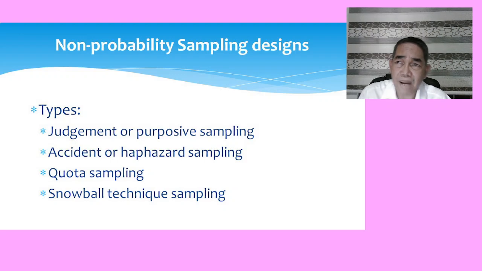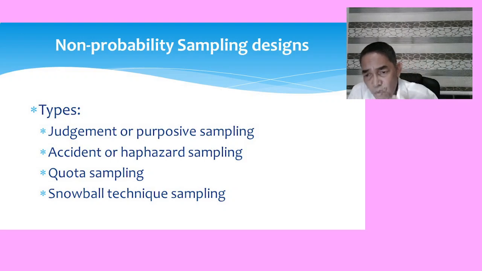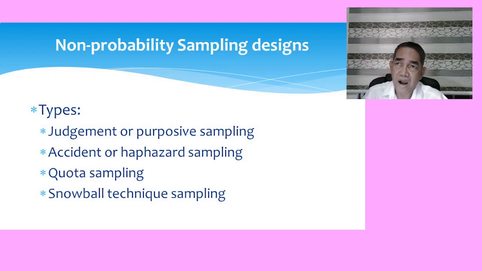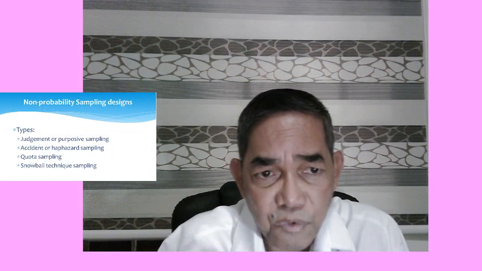When TV stations, for example, get responses from people watching television, that's also accident or haphazard sampling. Quota sampling: you're given a quota, and you normally don't use a probability sampling methodology. When you reach that quota, then you're done.